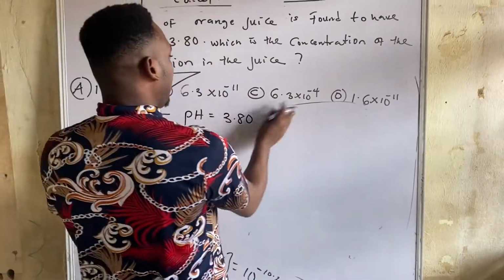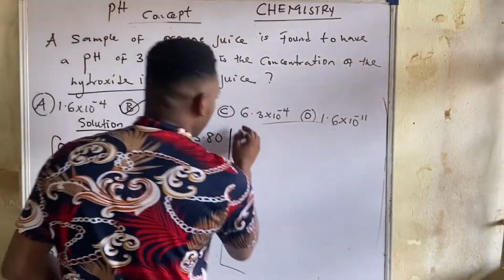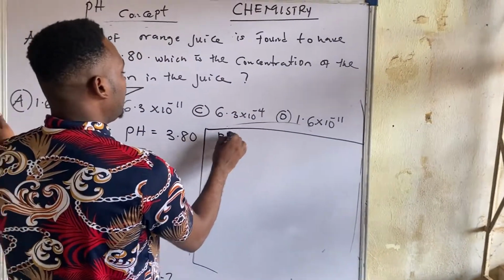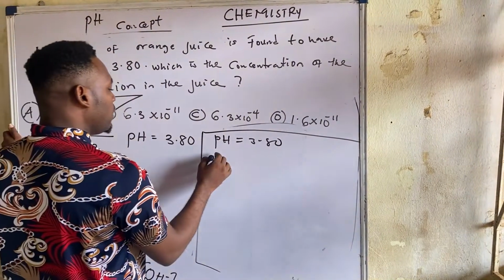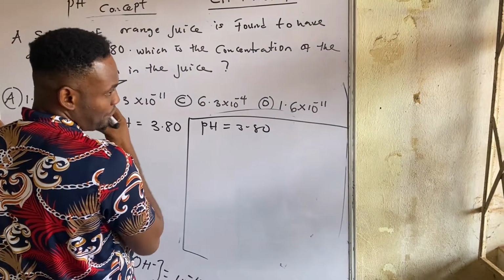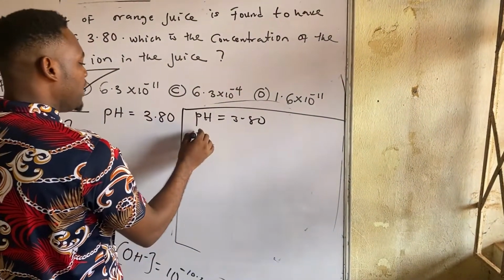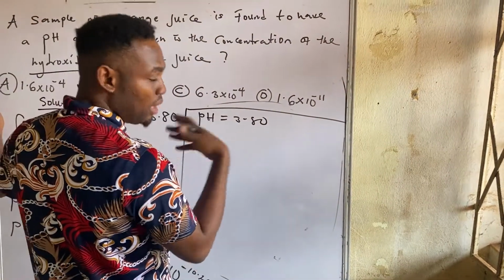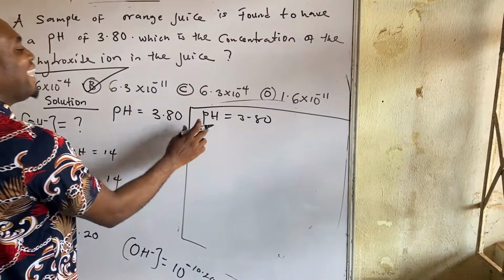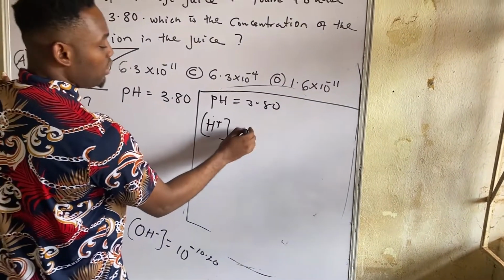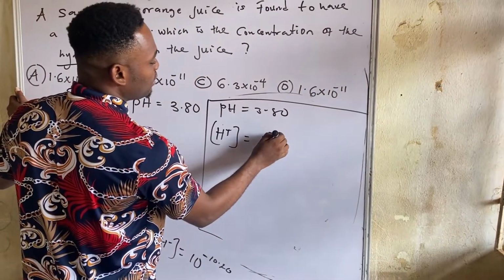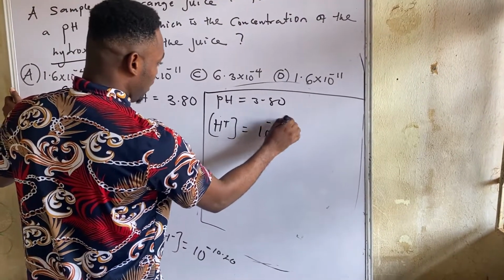If I use pH, I was given pH of what? pH of 3.80, right? So I can say, since pH is the negative logarithm of the hydrogen ion concentration, I can get my H plus. And what's H plus? H plus will be equal to 10 raised to the power minus pH.